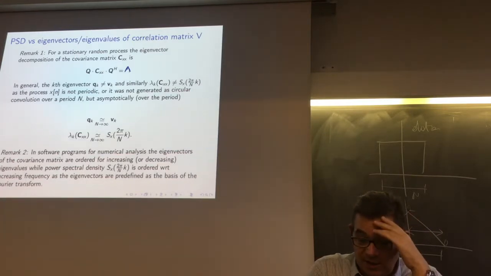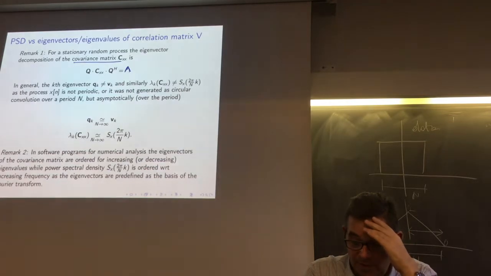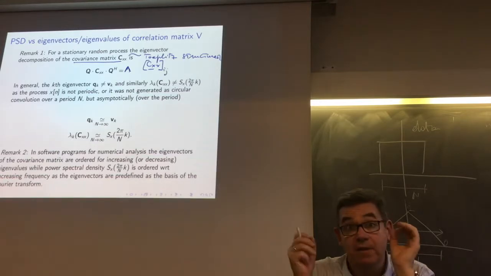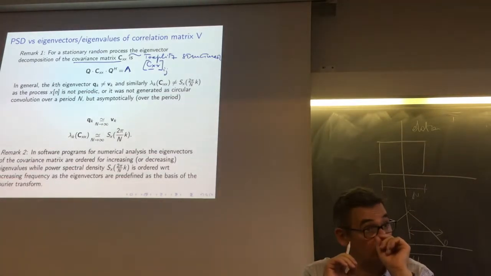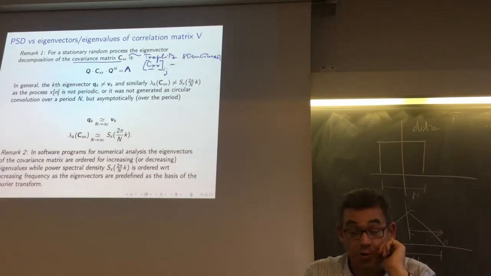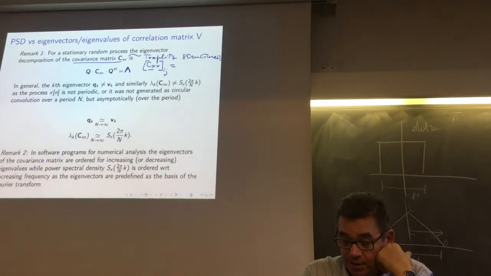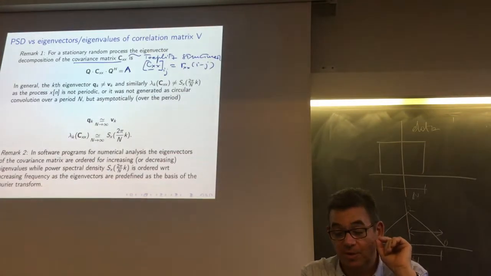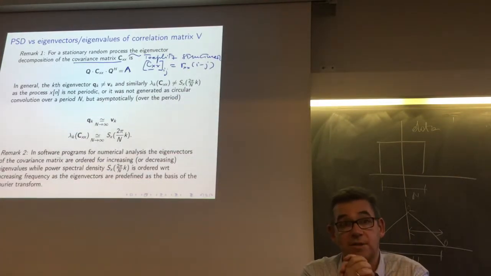Since it is stationary, this covariance matrix has a Toeplitz structure, which means that the entry ij of this covariance matrix, CXX, is the autocorrelation of X. So it is Rxx(i minus j). This is the property.